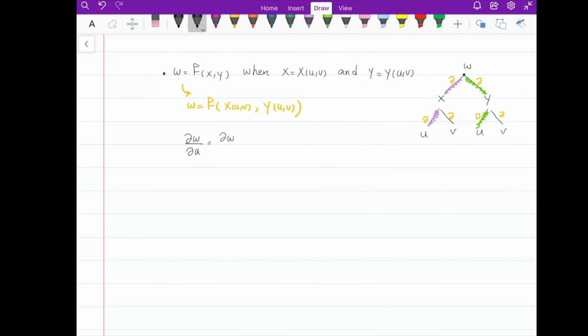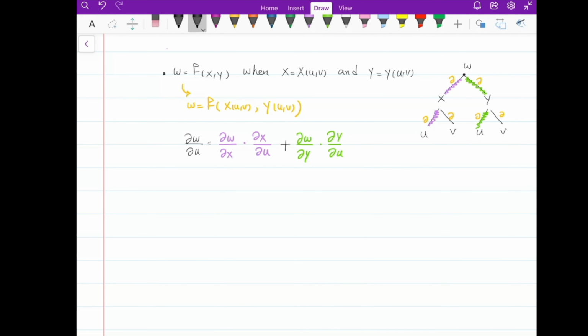It would be dw/dx, I'm writing this branch in here, times partial of x, partial u, or I can go along this path in here. Let me make this one purple, and I'm gonna write dw/dy times dy/du.